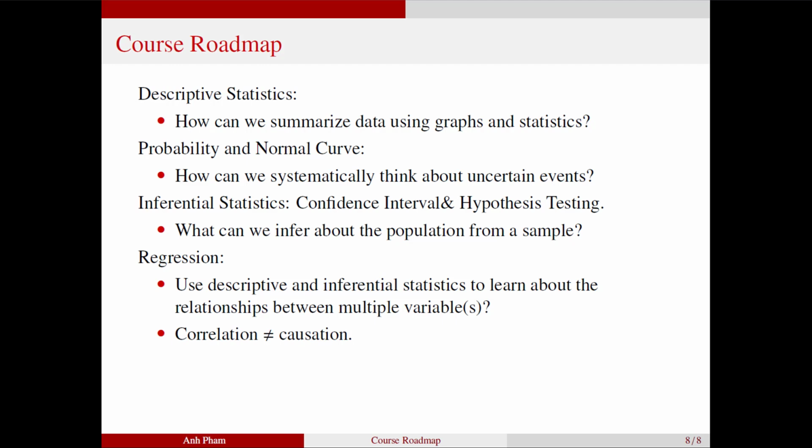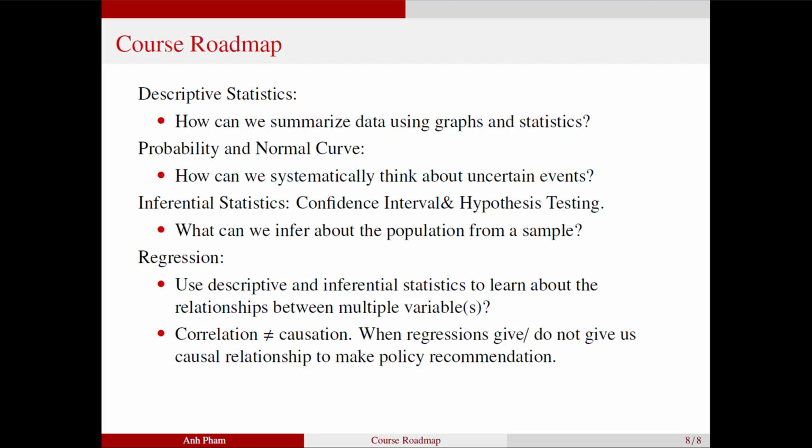In this broad topic of regression, we're going to emphasize the difference between correlation and causation, knowing that they are not the same. And we will learn when regression gives us, or when it does not give us, a causal relationship to make policy recommendations.